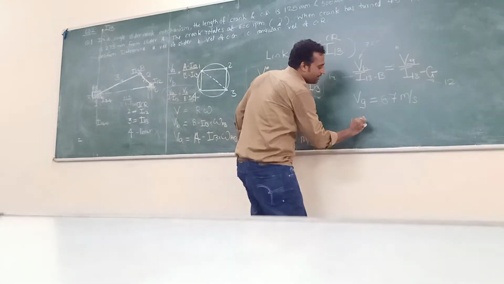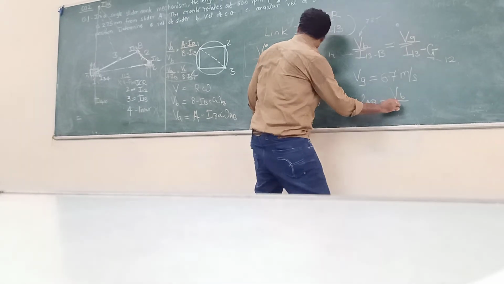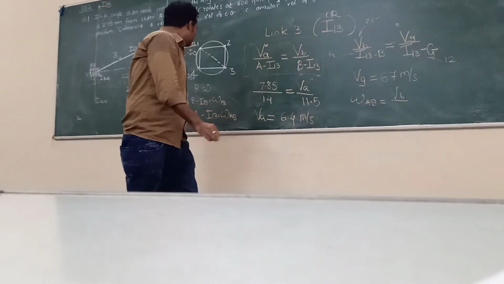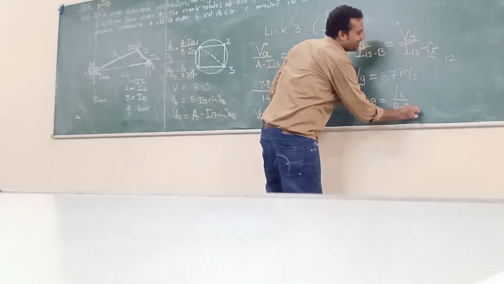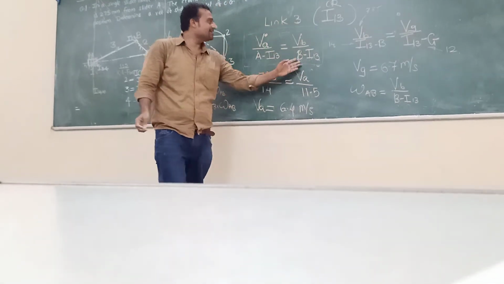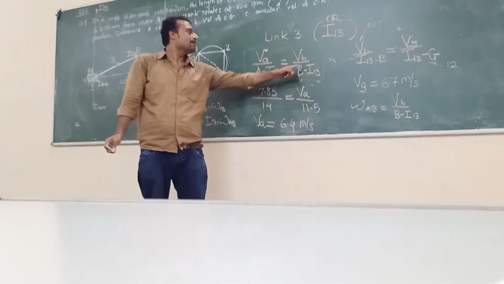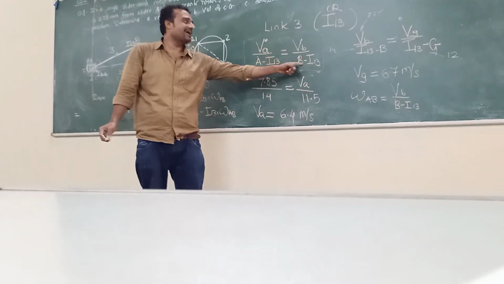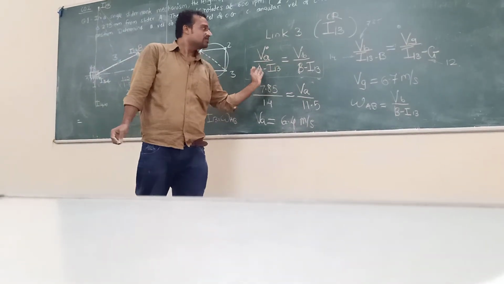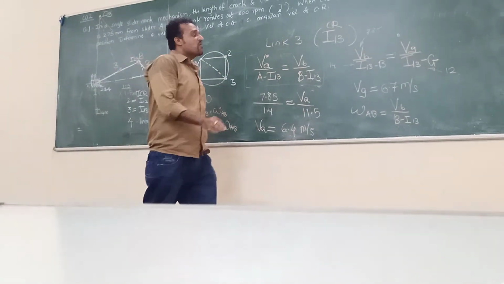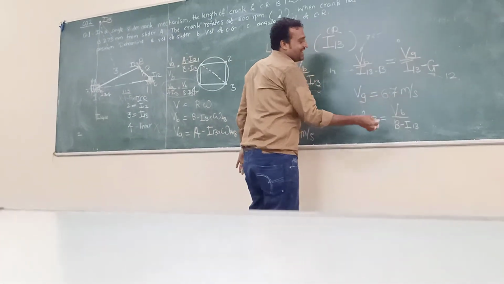So omega AB is VB divided by the distance B I13. When we are taking this equation, we are not converting this to actual length because it is on both sides so it will cancel each other. So whatever distances we are getting here we directly take. But when we are calculating omega we have to convert this into its actual length.